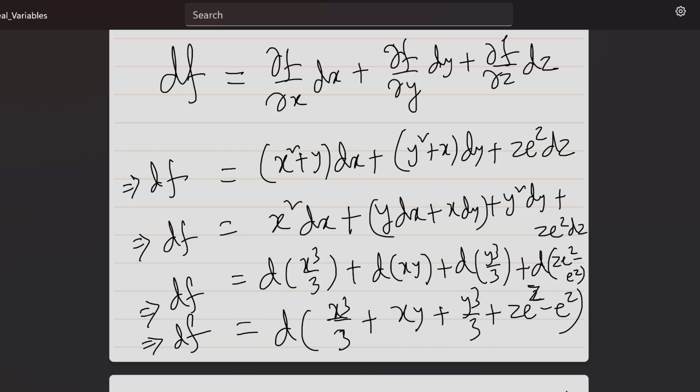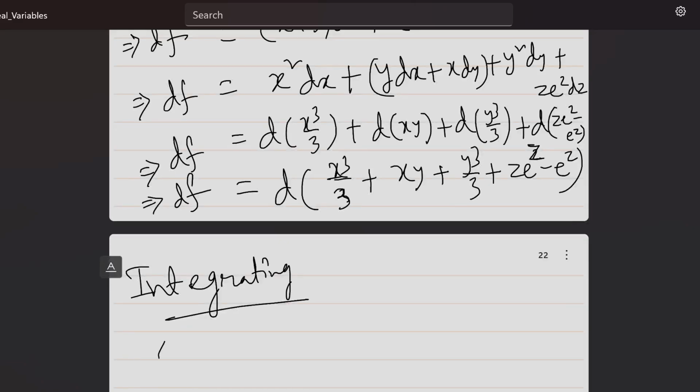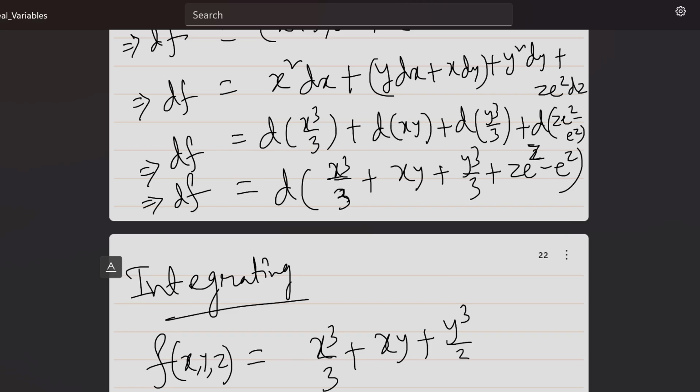Just a little trick. So if I integrate now, I will get f equal to, f is a function of three variables x, y, z, f equal to x cubed by 3 plus xy plus y cubed by 3 plus z e power z minus e power z plus some constant c.